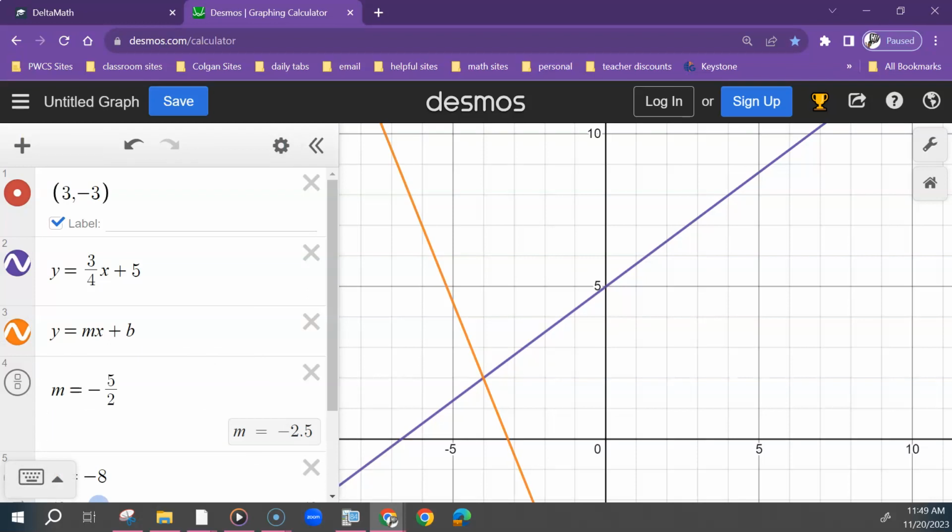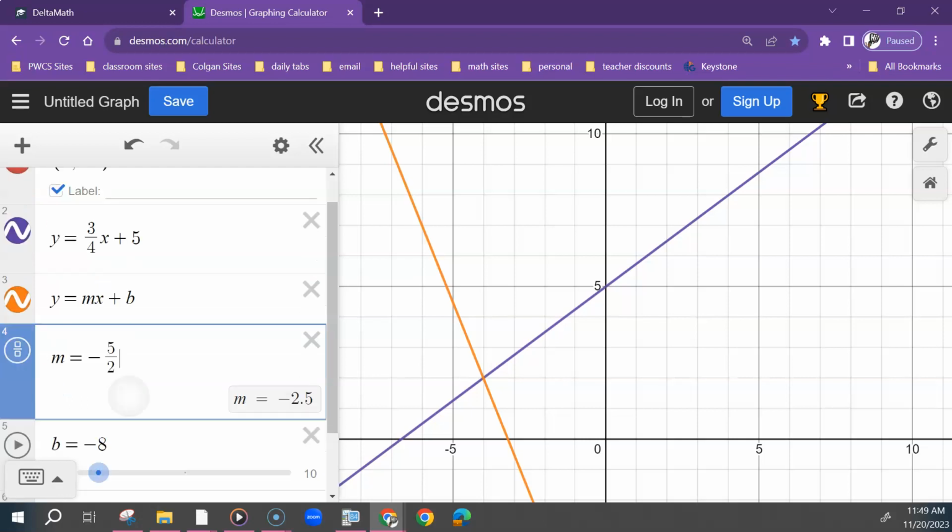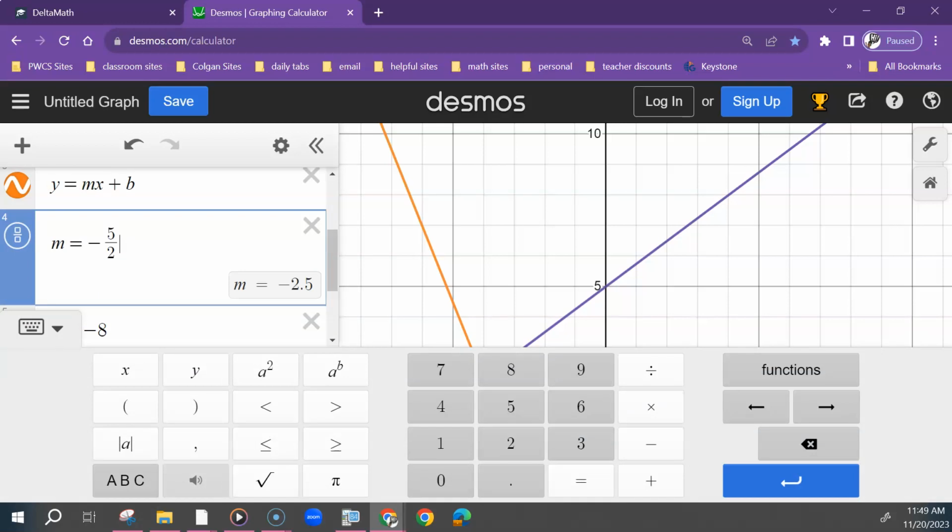Then if our new line has to be perpendicular, what would the slope be? Negative 4 over 3. So go ahead and change that to negative 4 over 3.